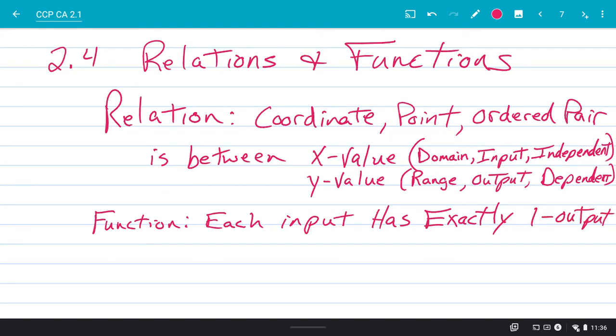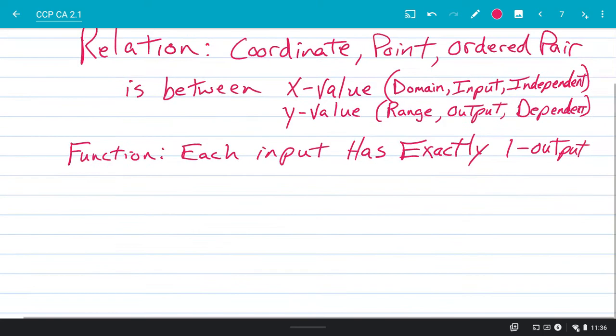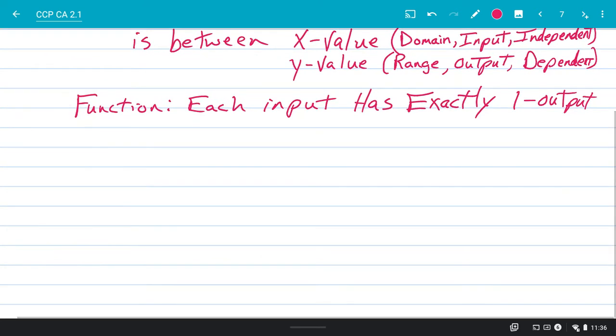Now that is a very, very easy definition. A function. Each input has one output. Okay? But depending on how you look at it, it can become very difficult to determine. Not very difficult, but causes people problems.